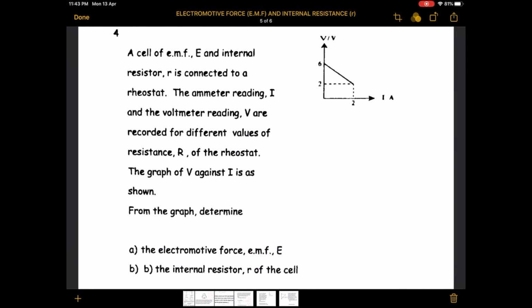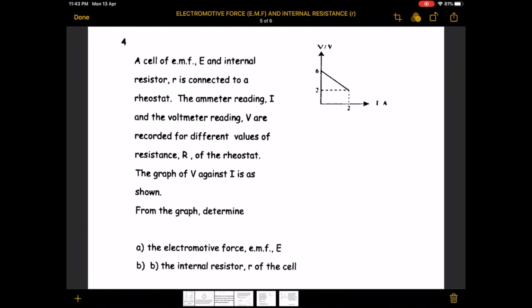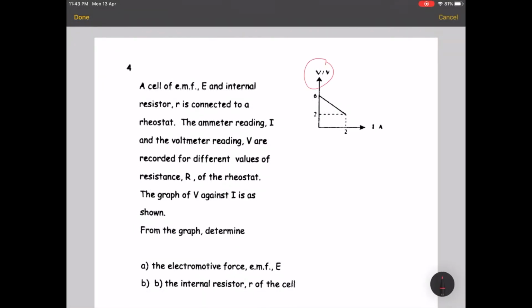So it's a graph of V versus the I. And what did I say? They ask you for electromotive force. Just now we already learned in theory, electromotive force is given by the V intercept here. So straight away, you know it has to be 6 volt. Whereas internal resistance is minus r is equals to the gradient.